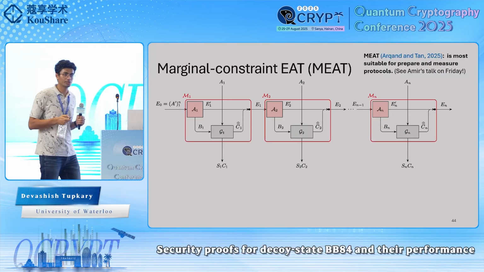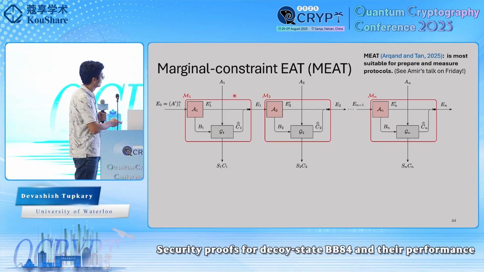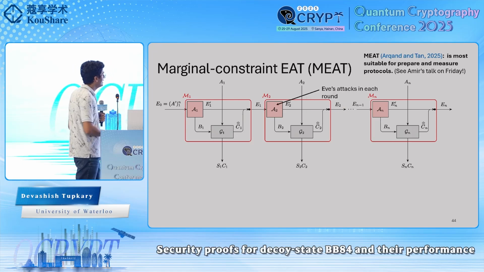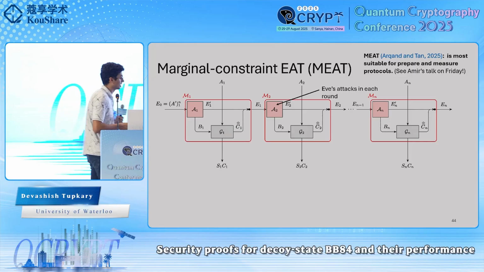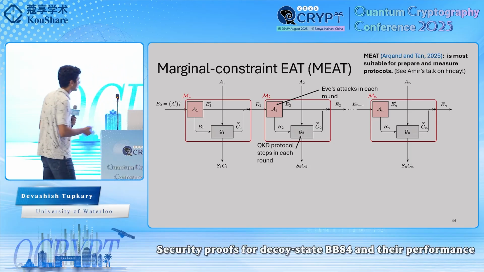The way we're going to use it in QKD looks like the following. These M channels in red are the ones that we're going to apply the entropy accumulation theorem on. Each of these channels first does Eve's attack, where Eve gets to hold on to some quantum side info from the previous attack, do some operation, forward a B system to Bob, and then keep some quantum side info for the rest of her attack.